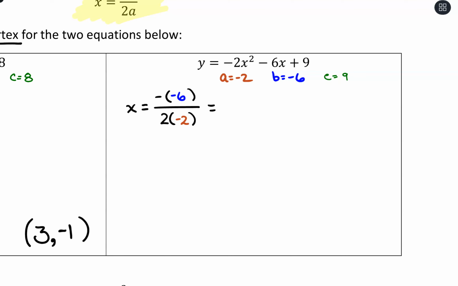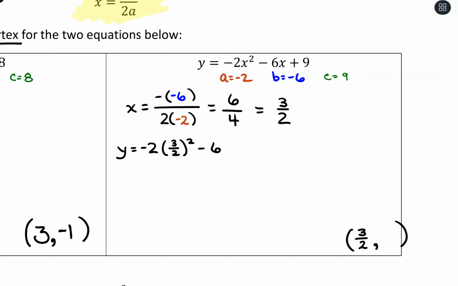So we will have a positive 6 over 4, so we have 3 halves. So we have our x-coordinate of 3 halves, and I need my y-coordinate. So we're going to go y equals negative 2 times 3 halves squared minus 6 times 3 halves plus 9.